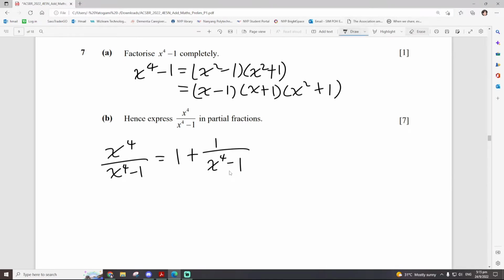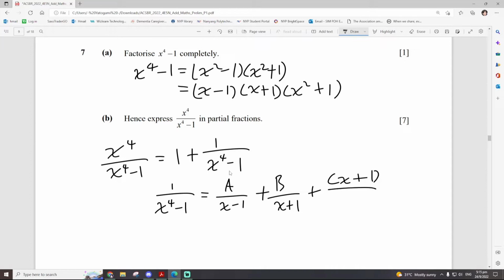I'll leave this like that for now. And what I'm going to do is write 1 over x power 4 minus 1 equals a over x minus 1 plus b over x plus 1 plus cx plus d over x squared plus 1. Because this is a quadratic which cannot be factorized, so we need a linear at the top. Okay, so a, b, c, and d are constants to be determined in the set of real numbers.